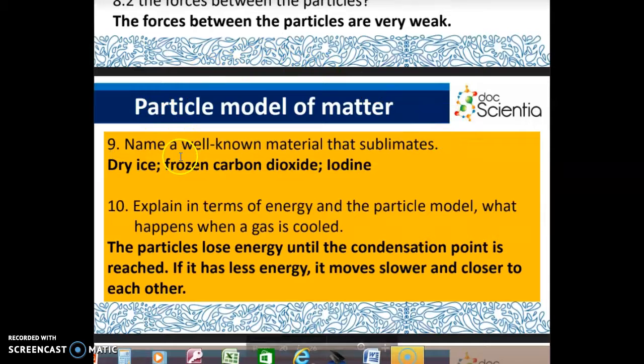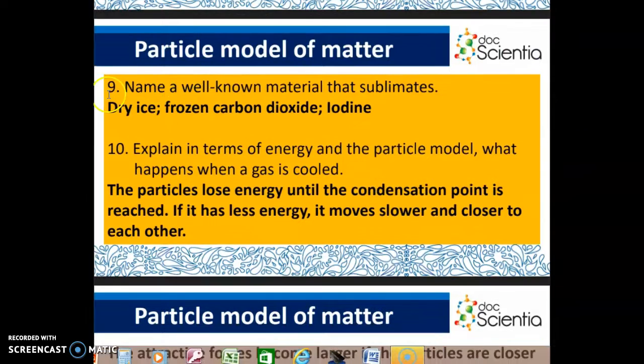Number 9. Name a well-known material that sublimates. So we have dry ice, frozen carbon dioxide, or iodine. Number 10. Explain in terms of energy and particle model what happens when a gas is cooled.